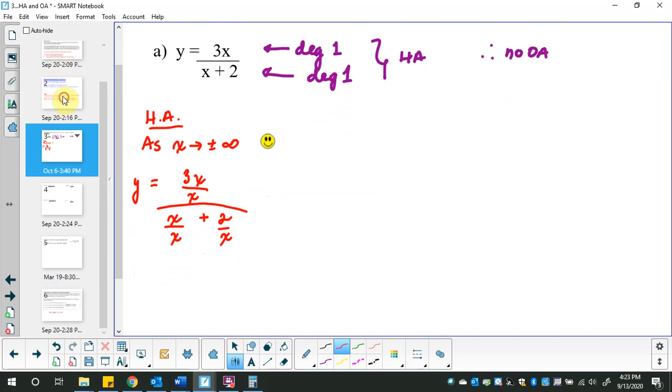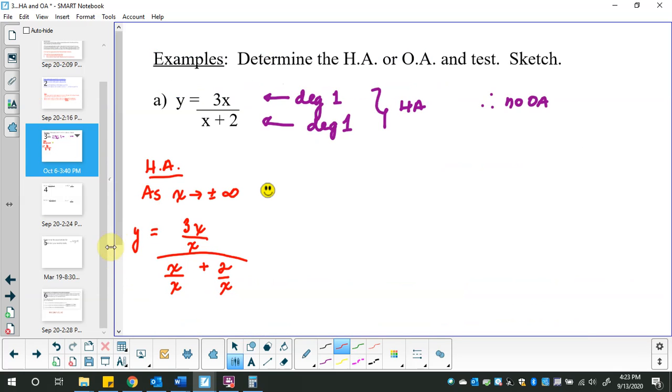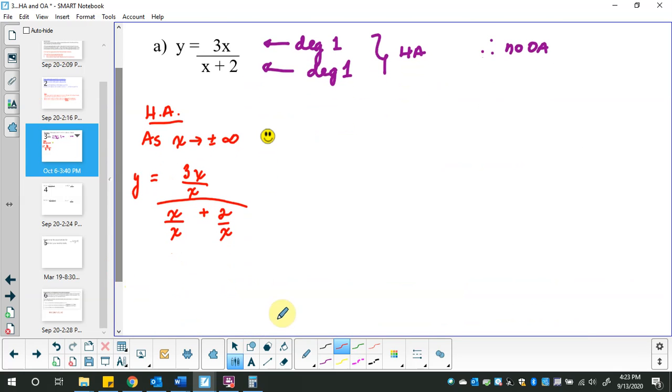So this is me dividing. So for instance, 3x divided by x is 3. X divided by x is 1. And 2 divided by x cannot be cleaned up at all. Your y equals is still sitting on the right-hand side.